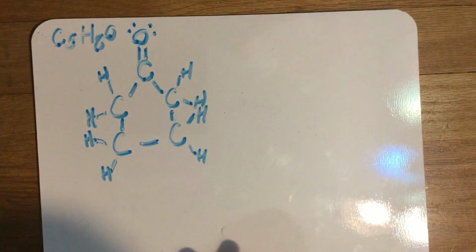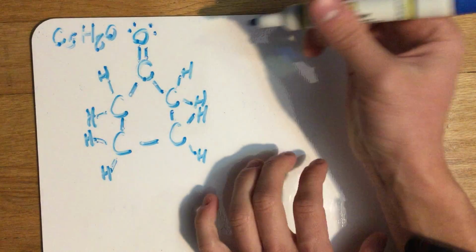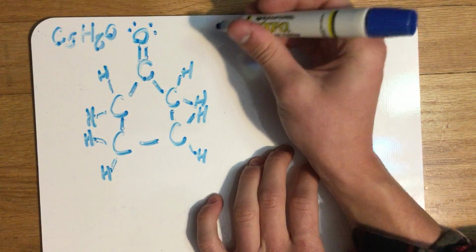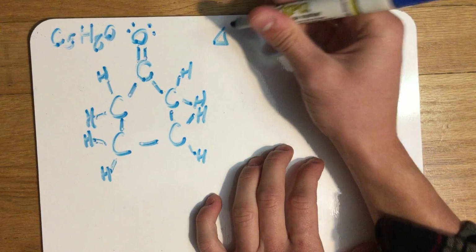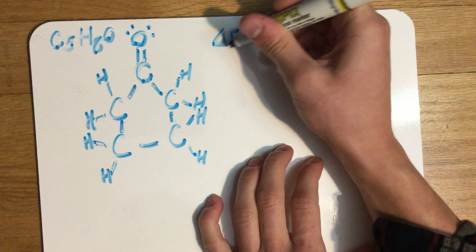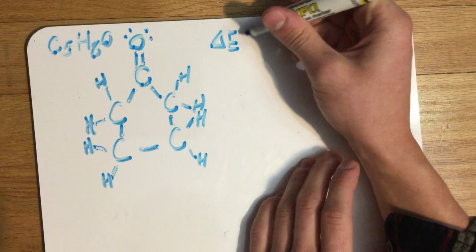So in general, we know that when finding polarity, what you want to do is find the change in electronegativity.